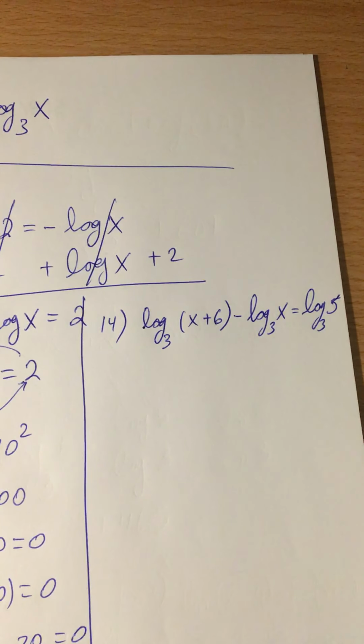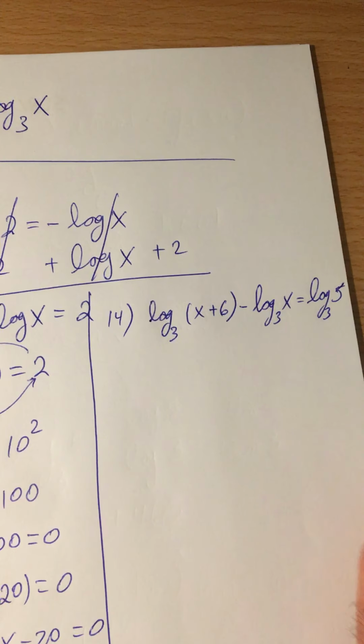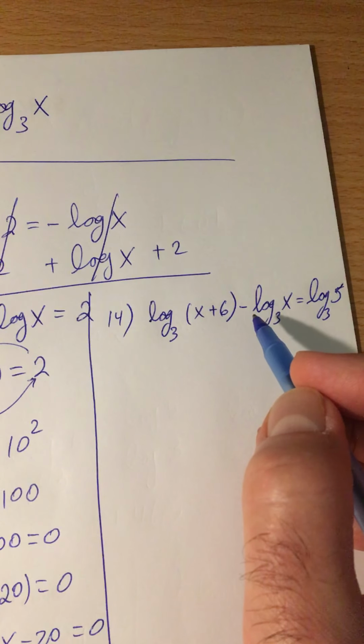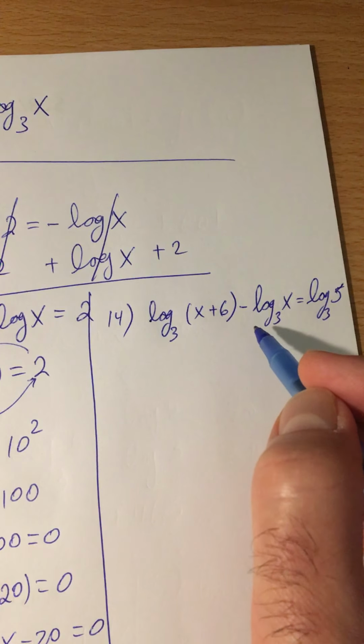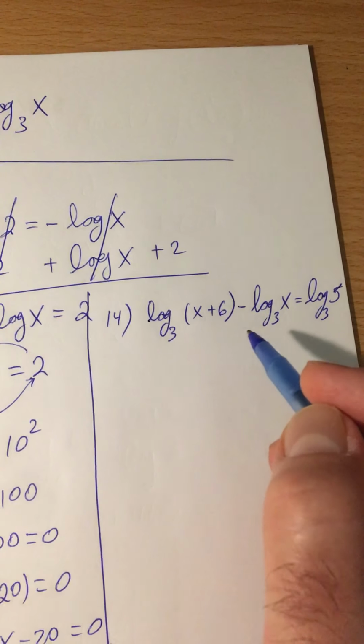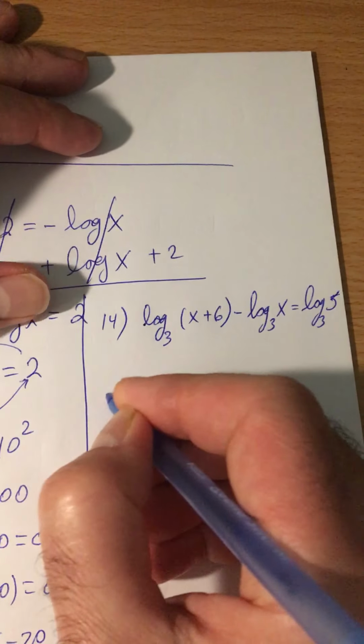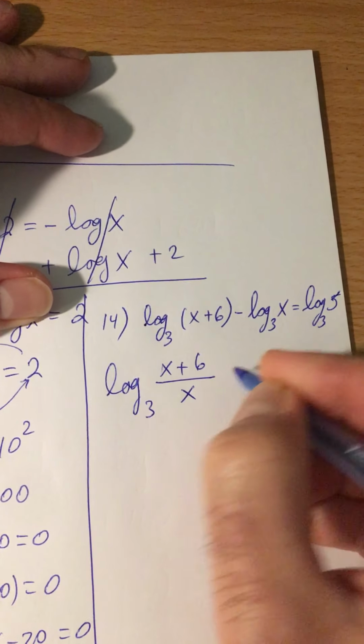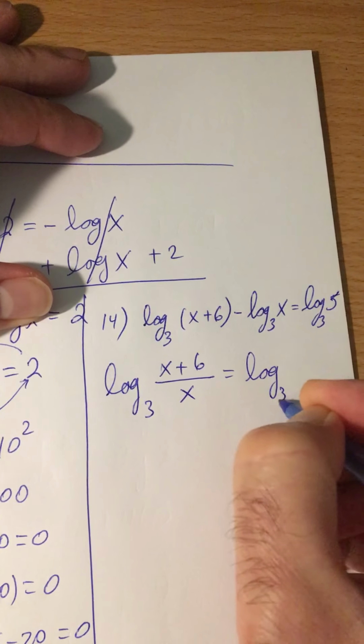Take a look at it. We do have the same base. It's 3, so can I condense it to one logarithm? Yes, and how do I condense it? By division. This is an example of the reverse of the quotient rule for logarithms. So I can write as a single logarithm x plus 6 over x equals log base 3 of 5.